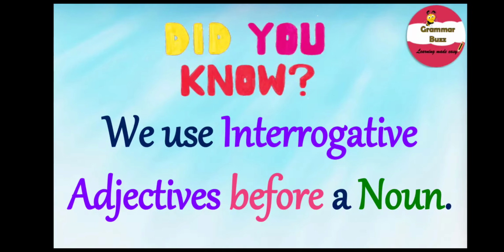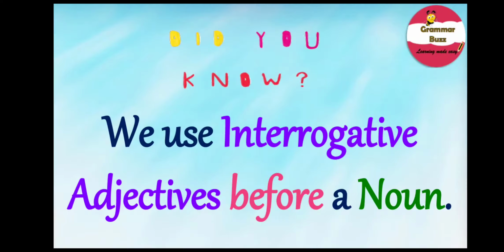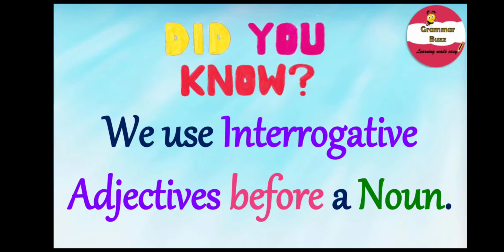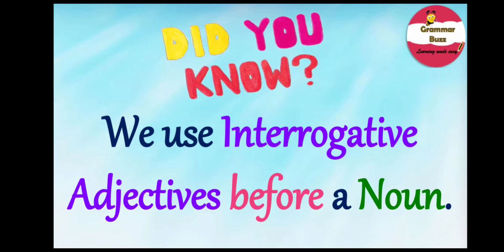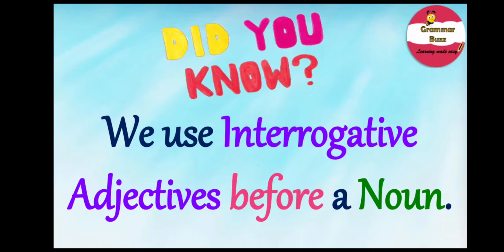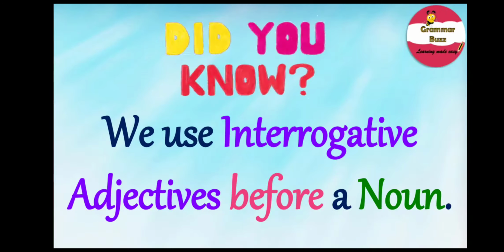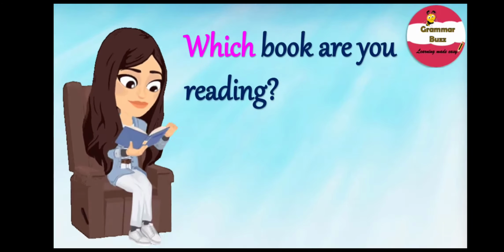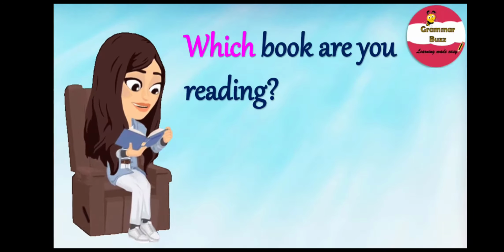Interrogative adjectives are always used before a noun, and that's the easiest way to identify them. They are always followed by a noun or a naming word.